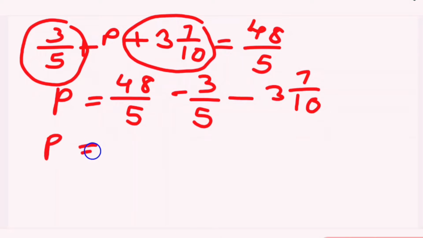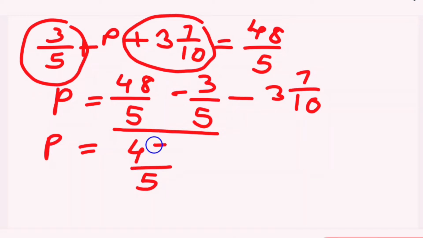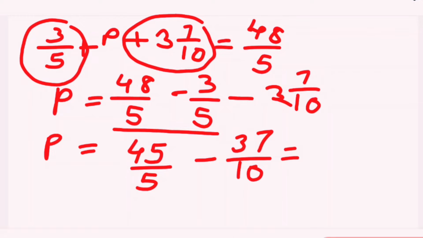So here P is equal to, now here the denominators are the same, so we can directly subtract: 48 minus 3 is 45, minus here 3 into 10 is 30, 30 plus 7, 37 by. Now here the denominators are different, so we make them the same by finding the LCM. LCM is 10.